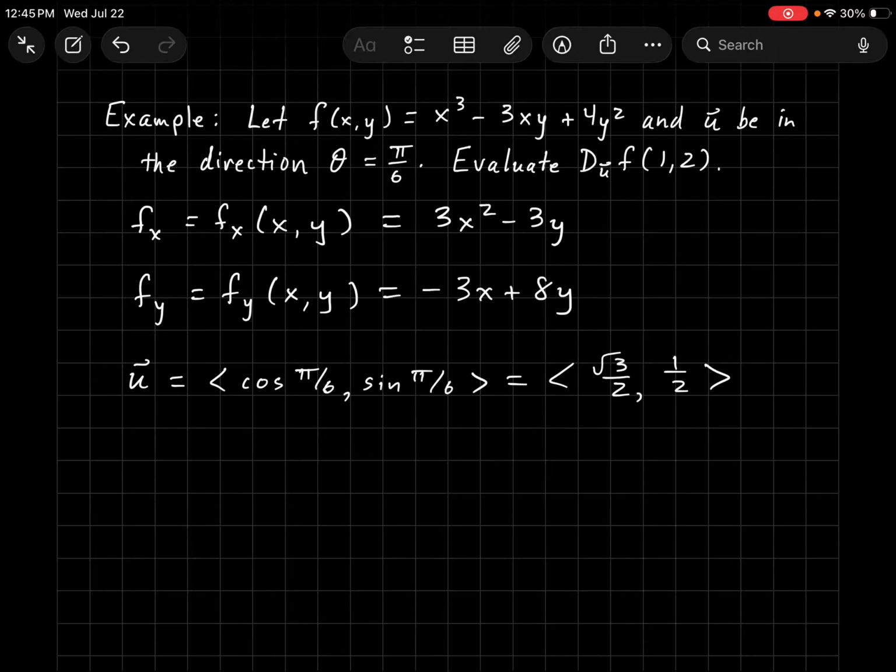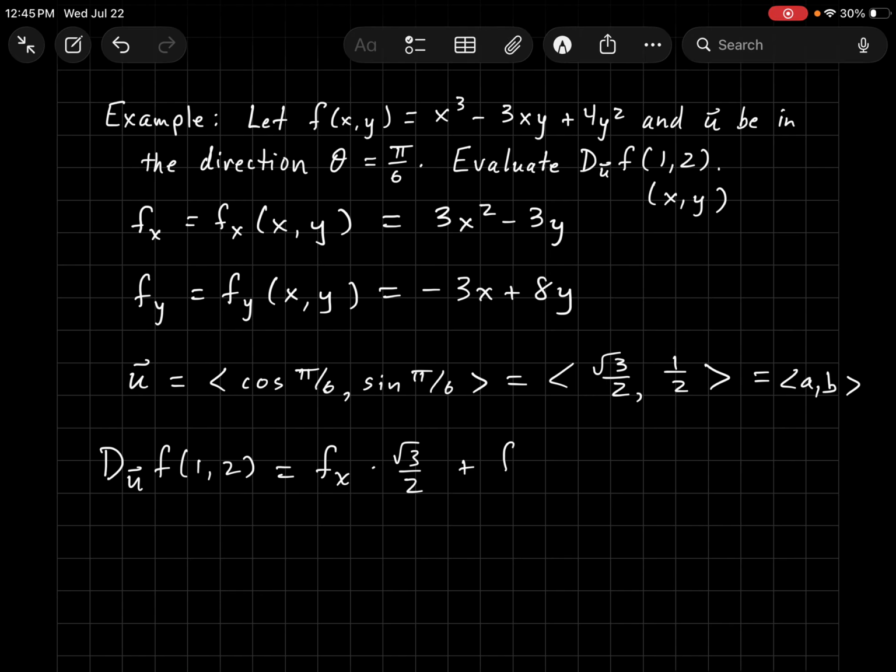Then our directional derivative of f at the point 1, 2, and to emphasize, this is the point x, y equals 1, 2, is going to equal the partial of f with respect to x times my a value plus the partial of f with respect to y times my b value.